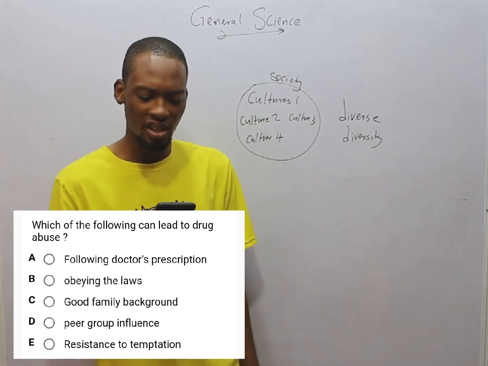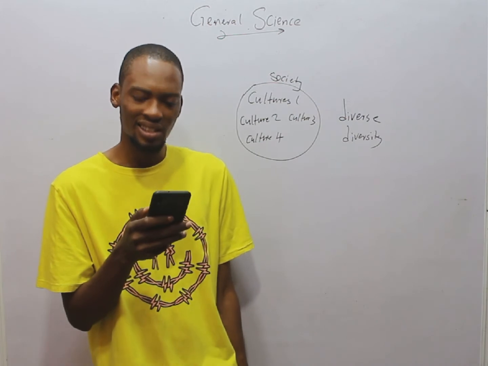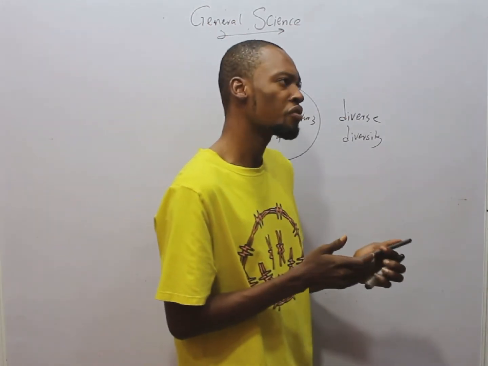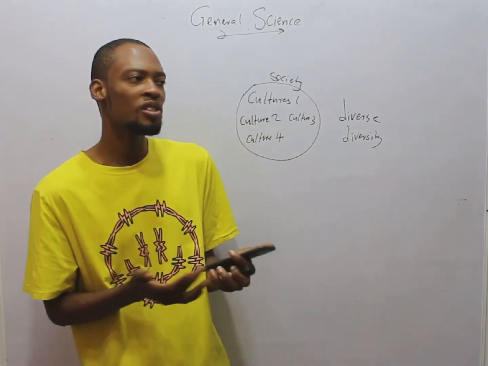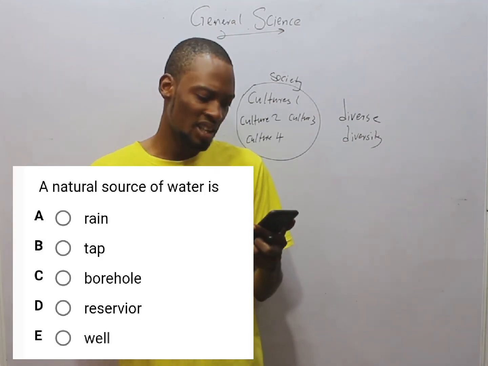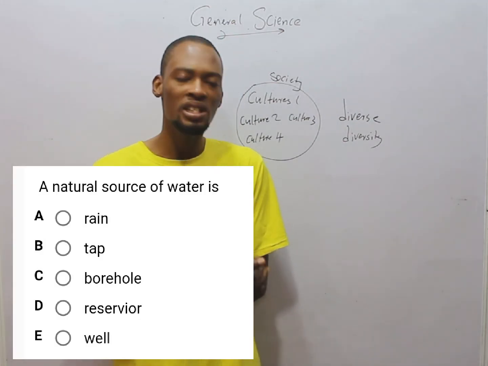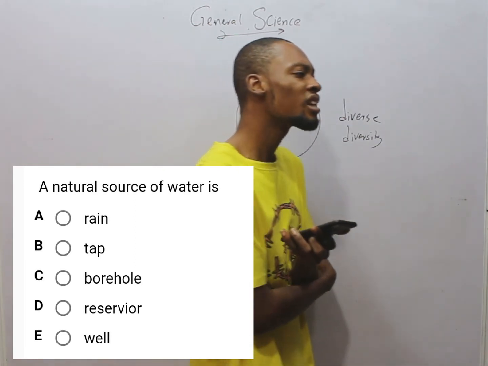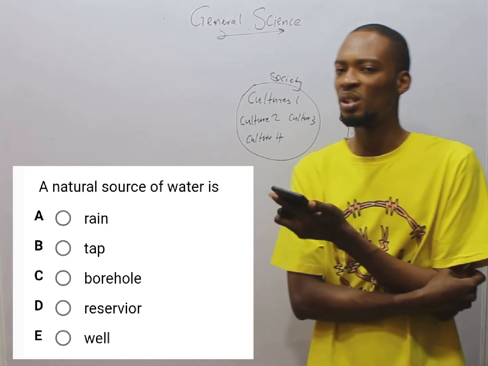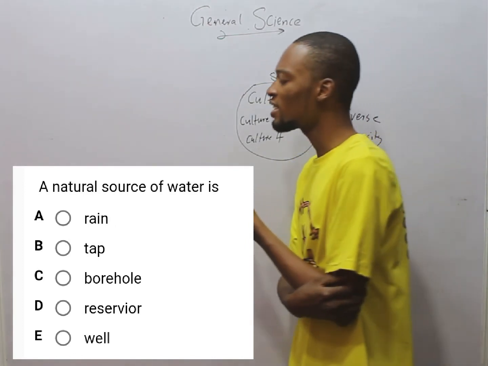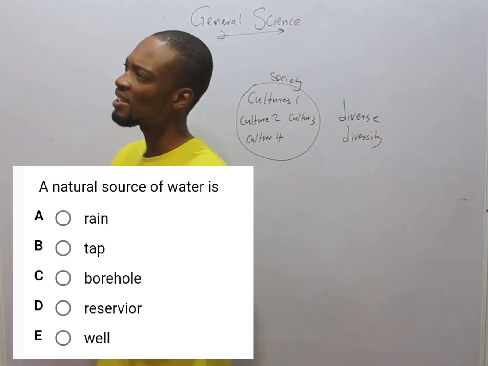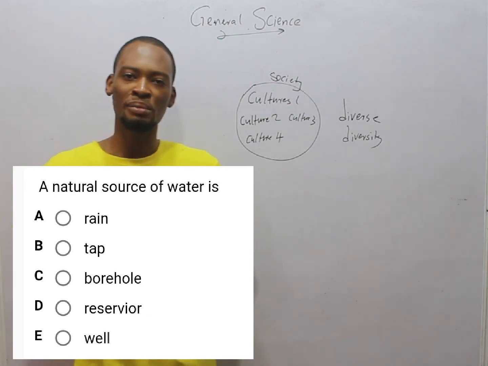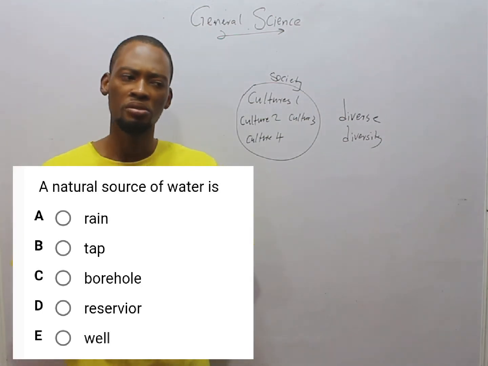This question says, a natural source of water is, we have natural stuff and we have artificial stuff. Natural simply means it was not made by man. Artificial simply means it is made by man. So let's look at these sources of water. Which one do you think can be made by man, and which one is not made by man? Option A says rain. Rain, can you create rain? You cannot.